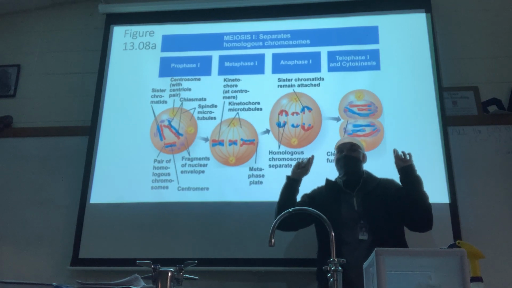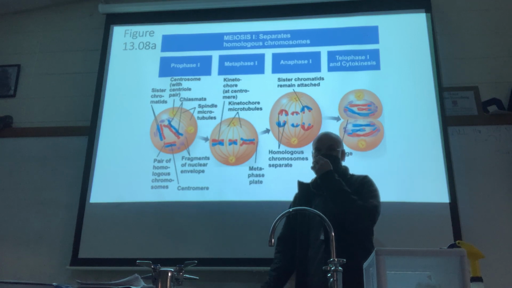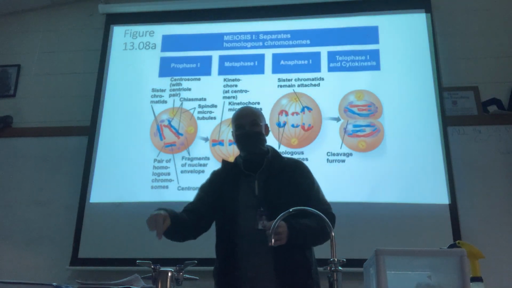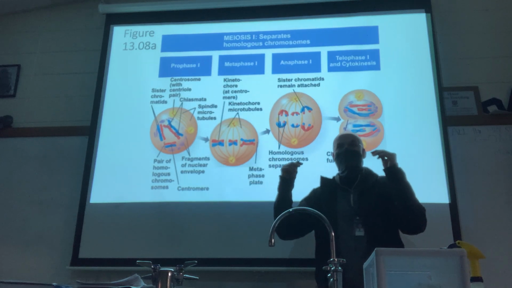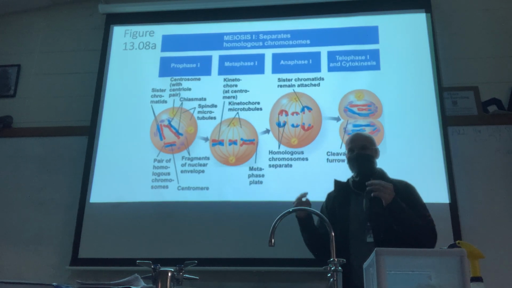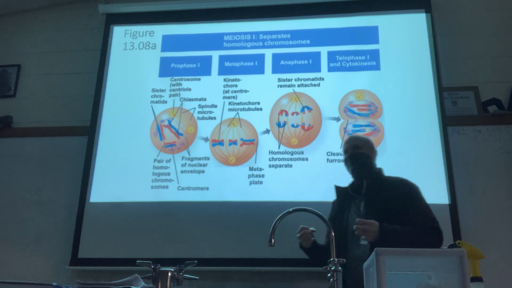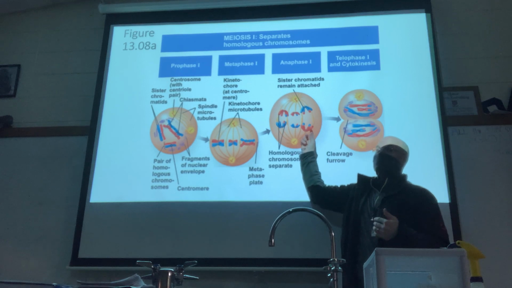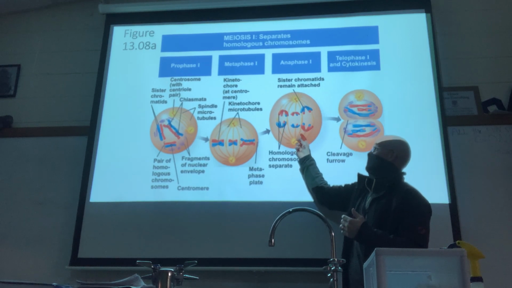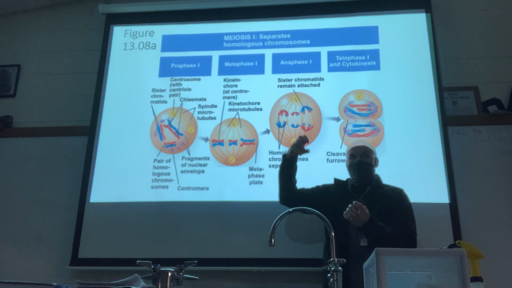And this is critical because I ask these kinds of questions on quizzes and tests all the time so that people will miss them and I can take points away from you because it makes me feel better about myself. When these spindle fibers shorten, you have a pulling apart.